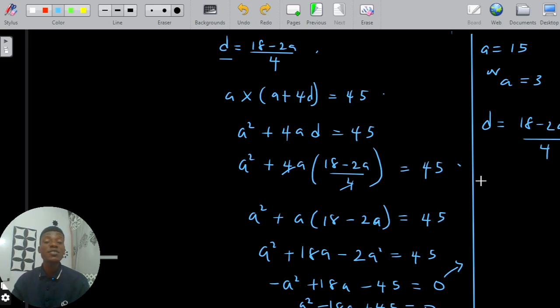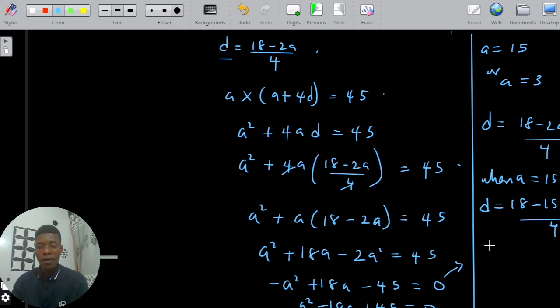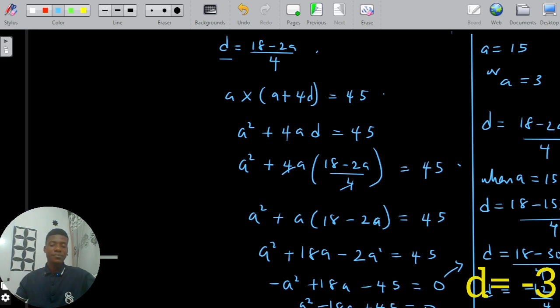Since we have two values of a, when a equals 15, d will give us (18 minus 15 times 2) over 4, where d is (18 minus 30) over 4. 18 minus 30 is minus 12 over 4, and our d is minus 3.